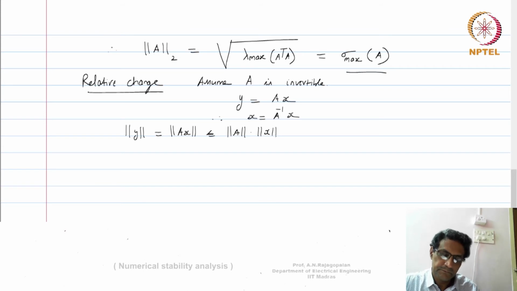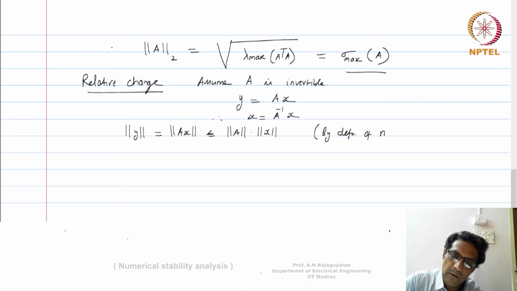This is by the definition of the matrix norm. Or in other words, 1 by norm x is less than or equal to norm A into 1 by norm y.